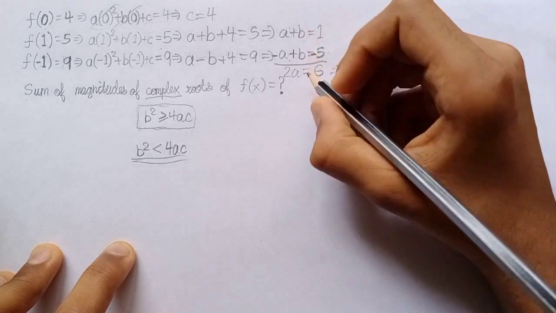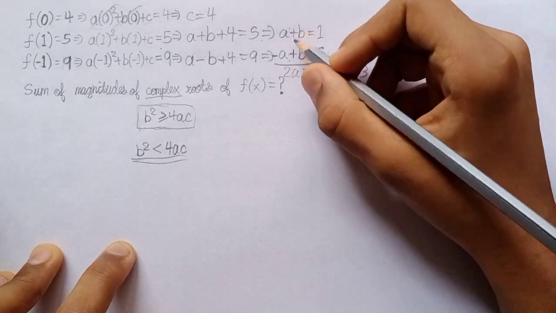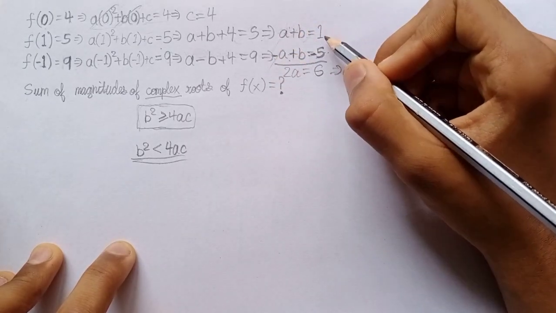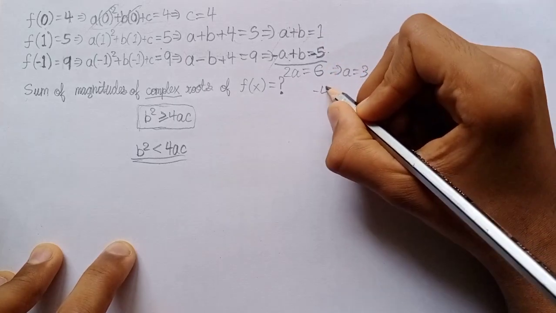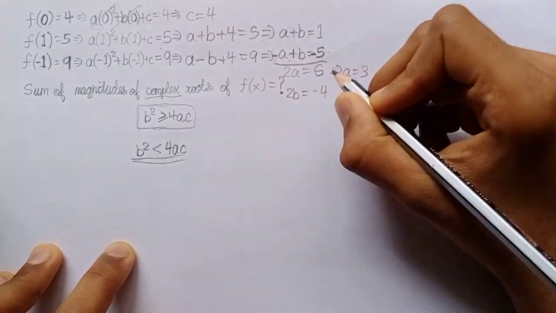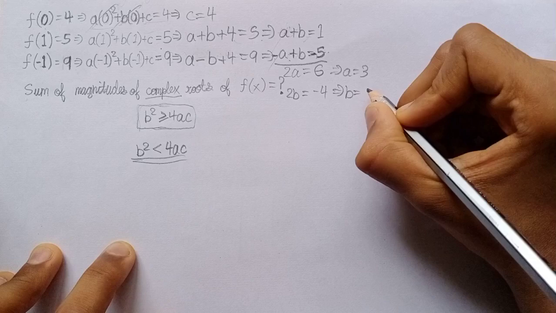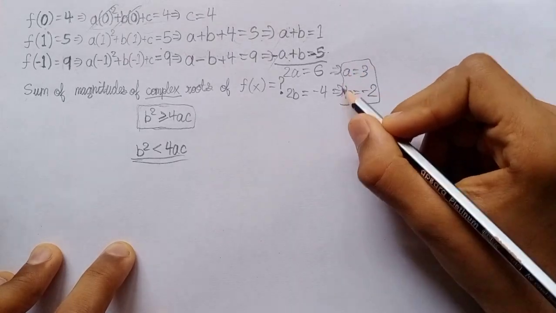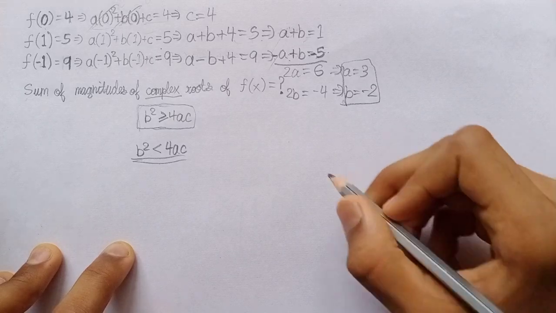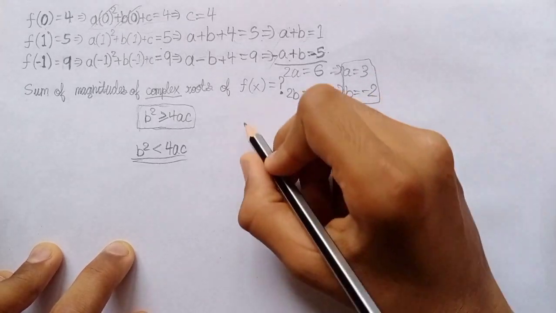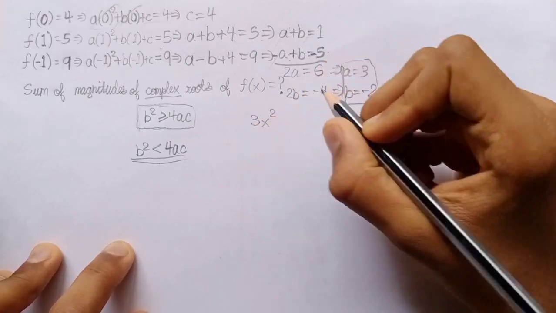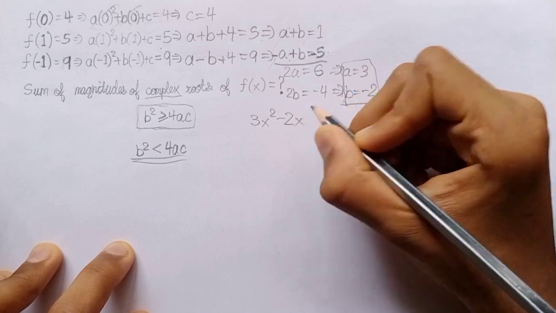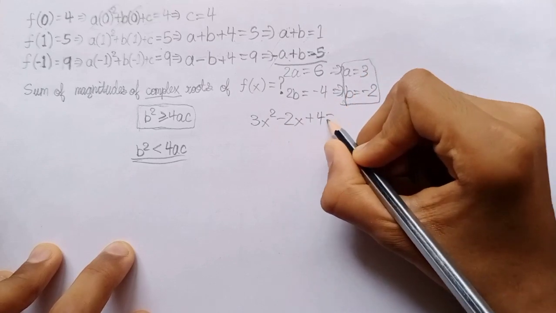Now if you add the equation, this cancels this out, and this becomes minus 4. So 2b equals minus 4, that implies b equals minus 2. Now these are the coefficients we have. So the equation was actually 3x squared minus 2x plus 4 equals 0.